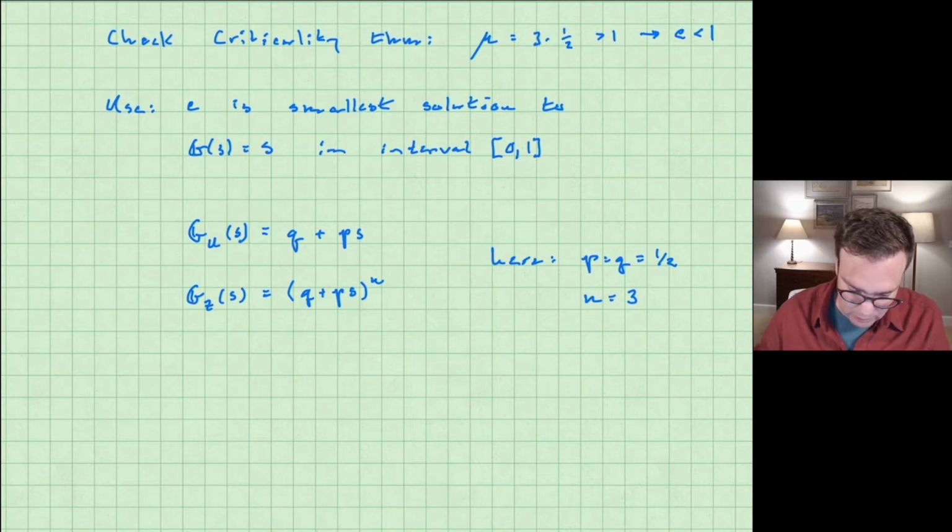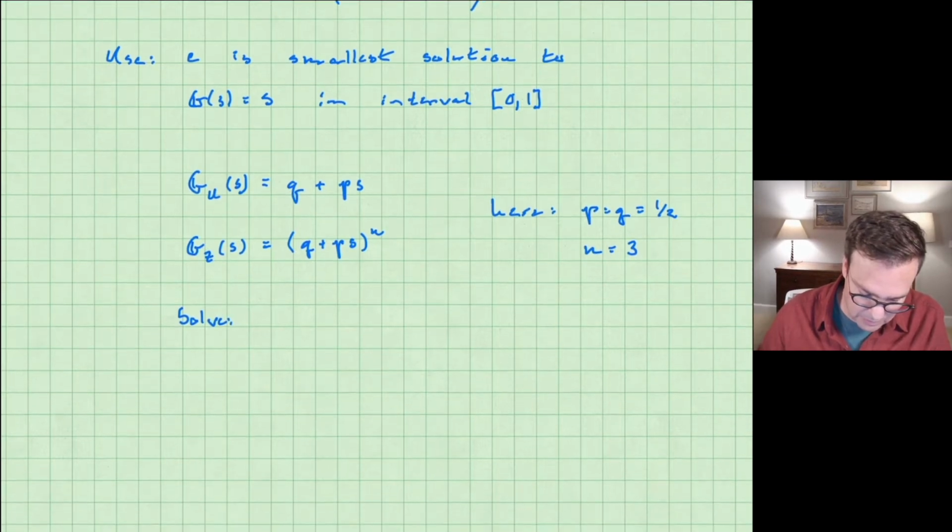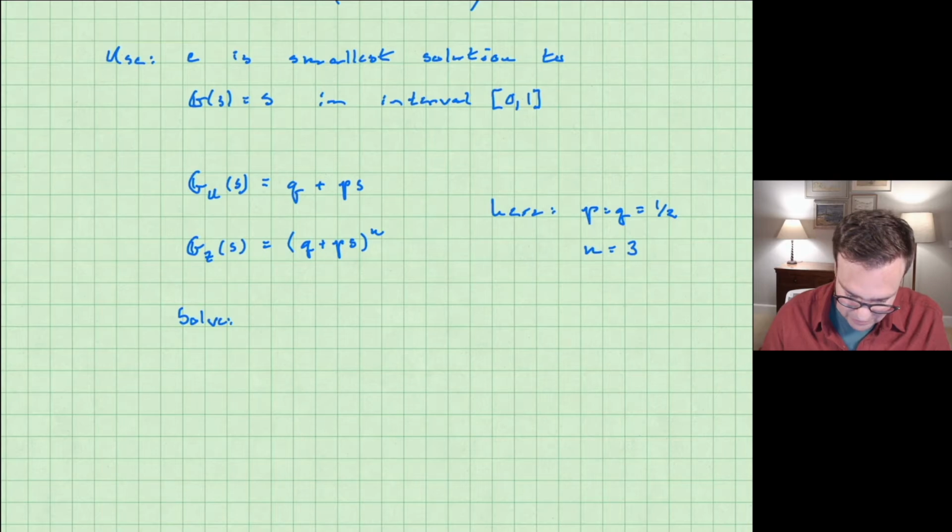All right, so we want to solve the following, right? So we want to have G of S, which is 1/2 plus 1/2 times S cubed, equal to S, right?